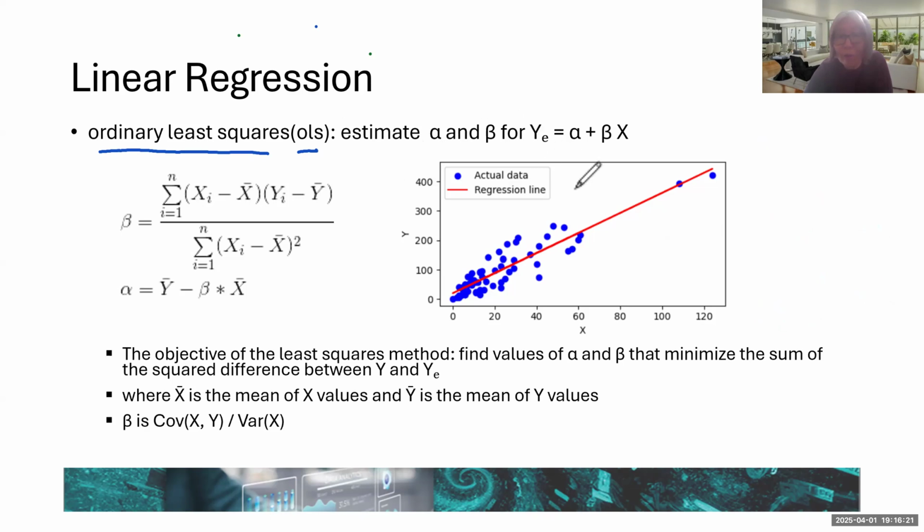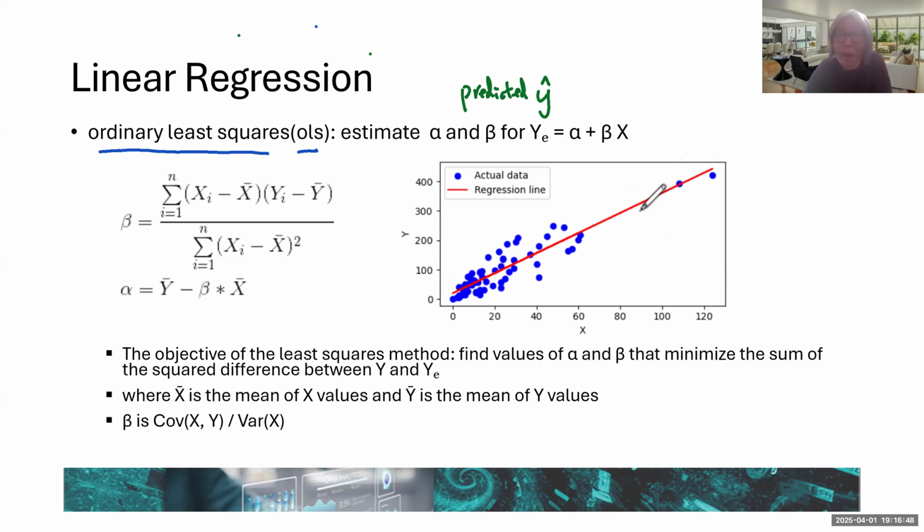We can represent the line, and the value on it is called y estimate, or a lot of the time we call it y hat, the predicted value based on the linear regression line.